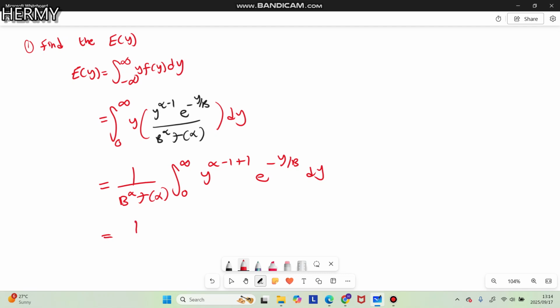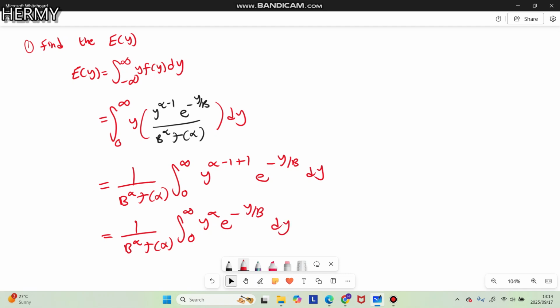The final result is y to the power alpha, e to the power negative y over beta, because minus 1 plus 1 is 0.